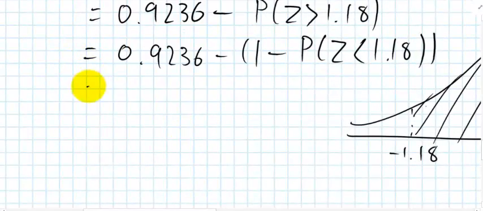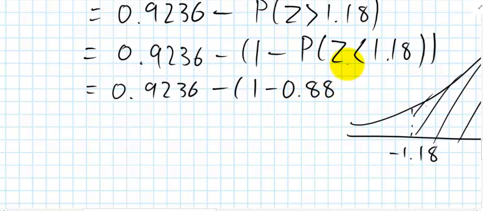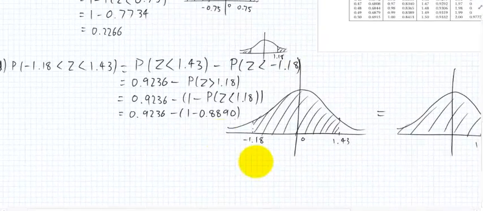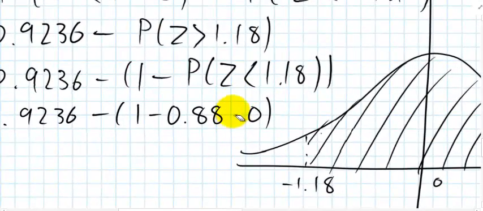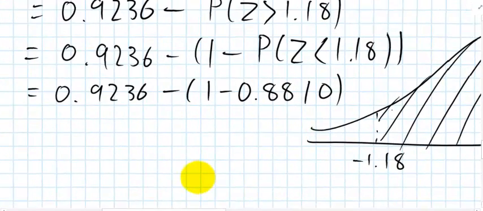So the probability is 0.9236 take away 1 minus 0.8810.